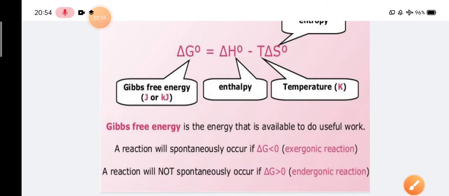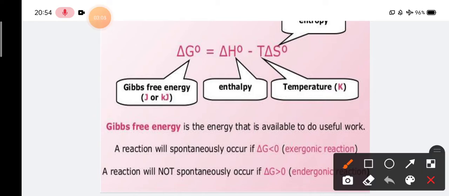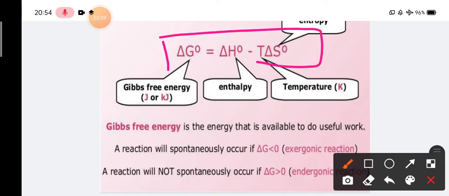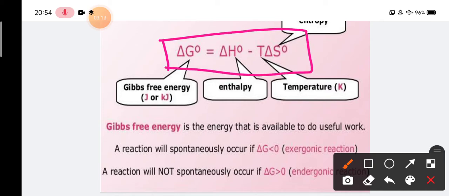And we have an equation by which we can find the value of delta G naught, that is, Gibbs free energy. The equation tells us that delta G naught is equal to delta H naught minus T delta S naught.